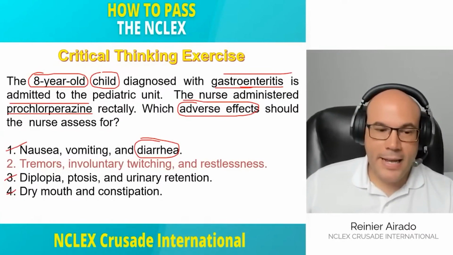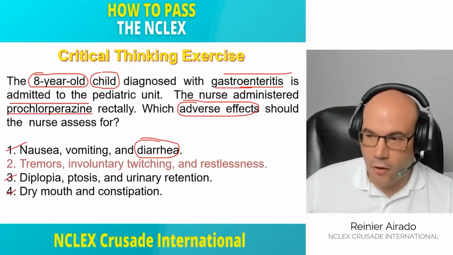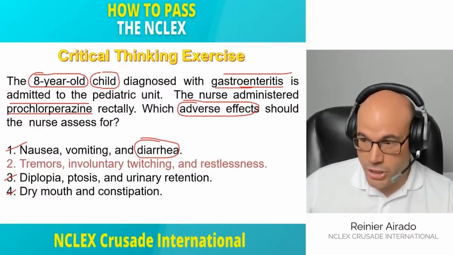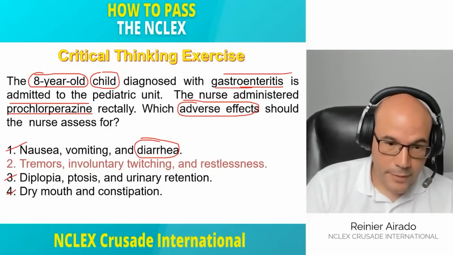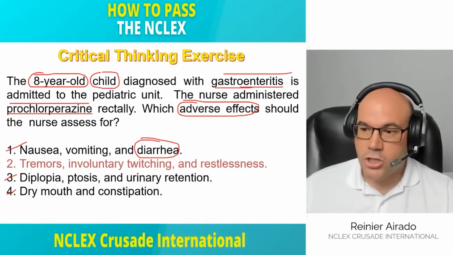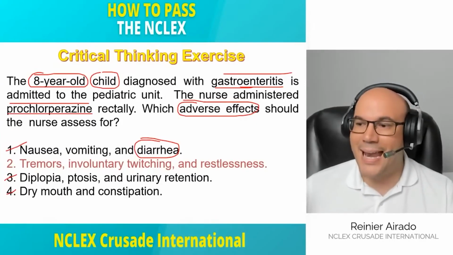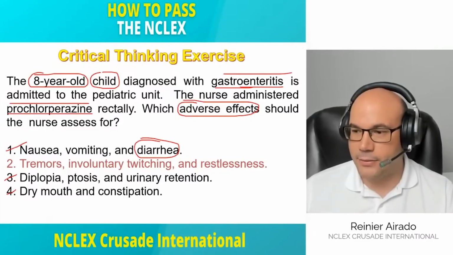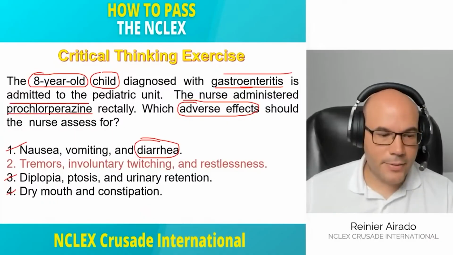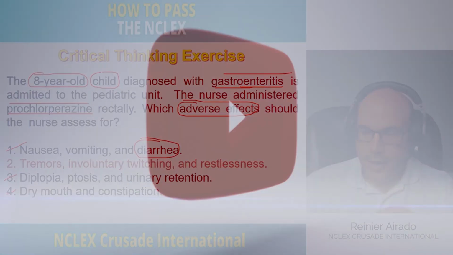When we give this medication, an adverse effect of this medication is an extrapyramidal effect, which includes tremors, involuntary twitching, and restlessness. So answer number 2 is an adverse effect of the medication. That is the correct answer.